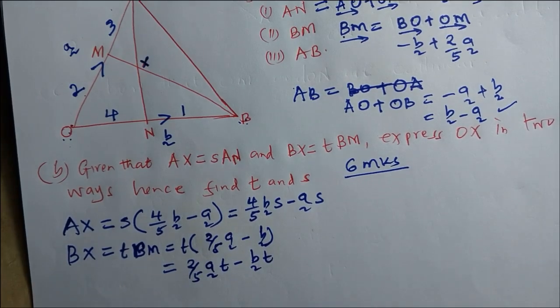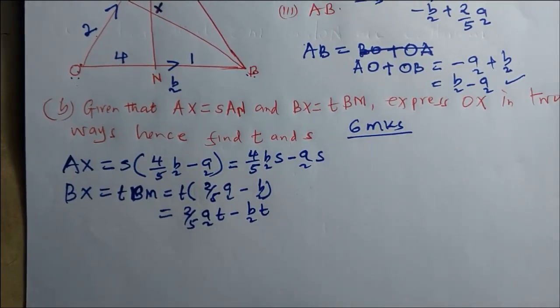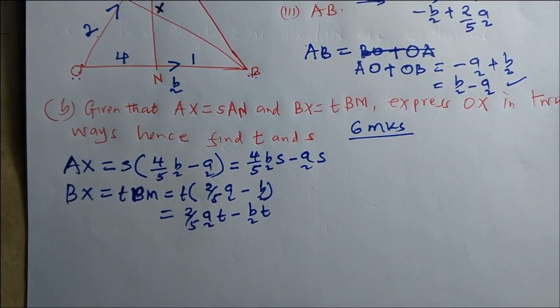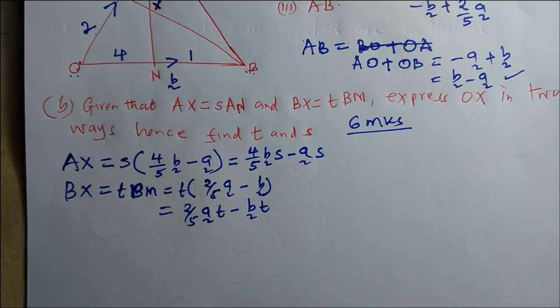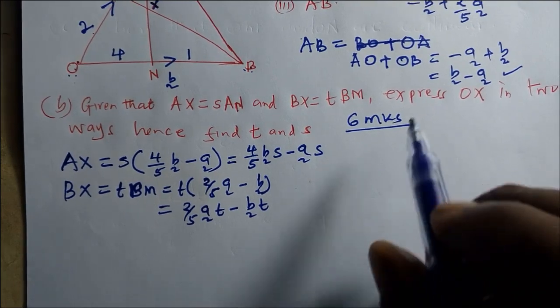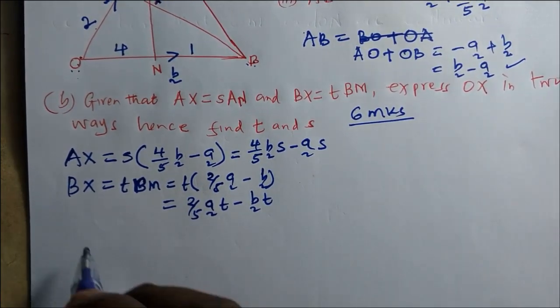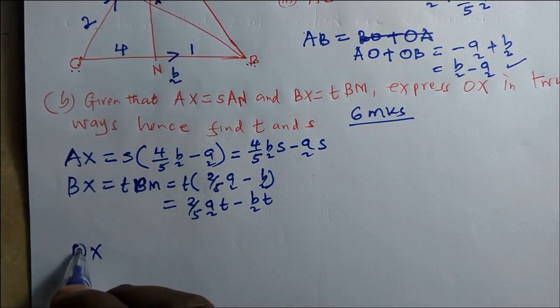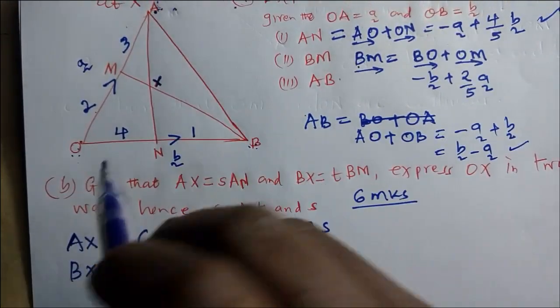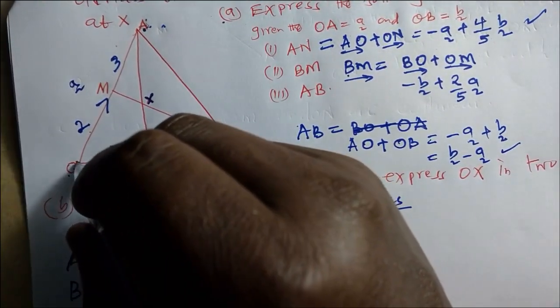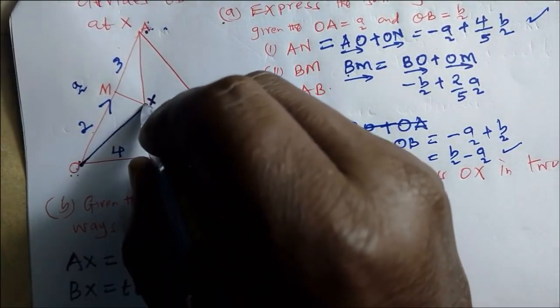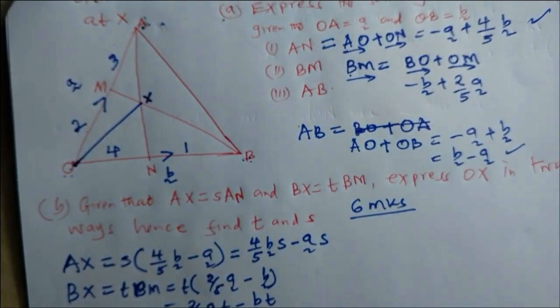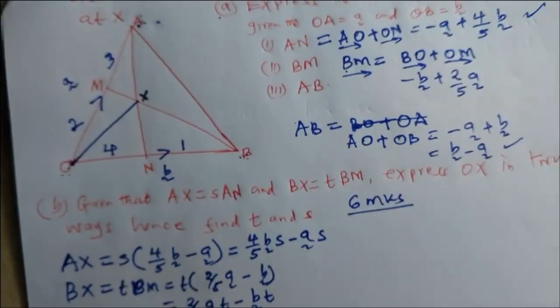That is vector BX. Now that one is important because now we want to express OX in two ways. We have OX there that we want to express in two ways.